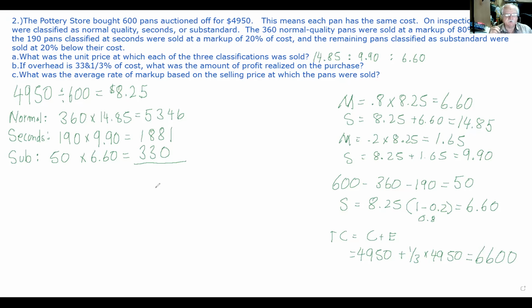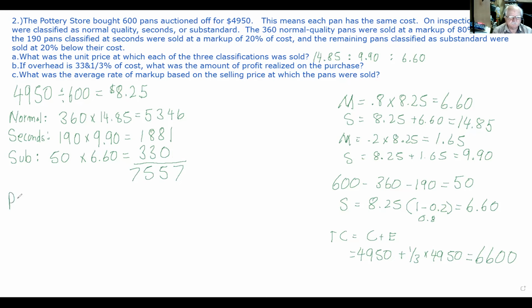It makes something that looks complicated much easier. 5,346 plus 1,881 plus 330. So their revenue is 7,557.